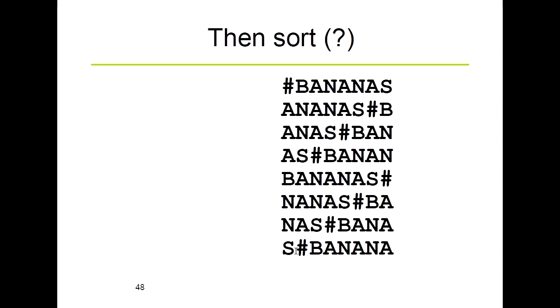How do you get this in the last step of the decoding? You have all the rotations, you sort them. What's the last column? It's the BWT. The last step of the decoding is the same step as your encoding.